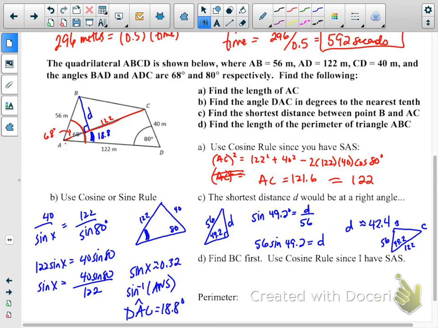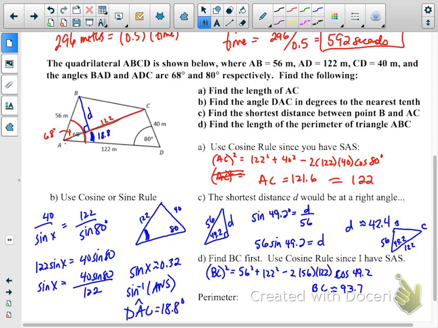Okay, so BC squared is equal to 56 squared plus 122 squared minus 2. Don't forget the 2. 56, 122. Cosine, not sine, 49.2. Type that in your calculator all in one step. Take the square root, and I end up with BC is approximately 93.7.